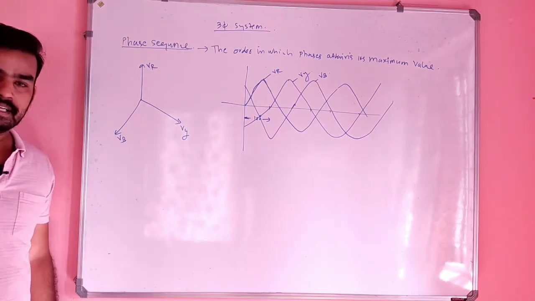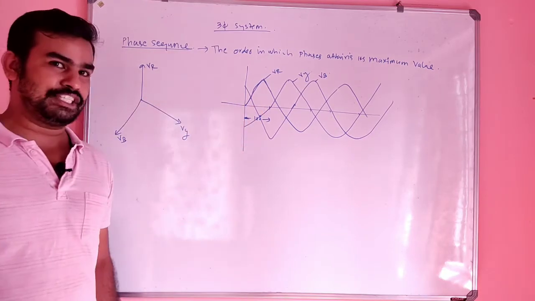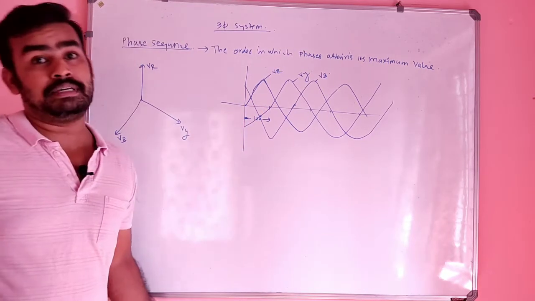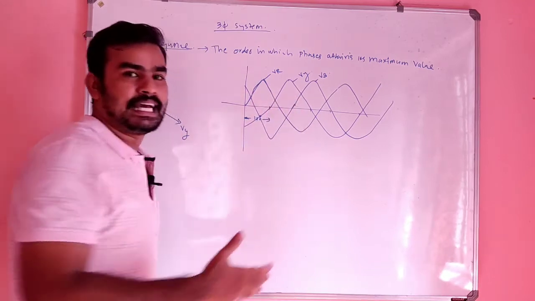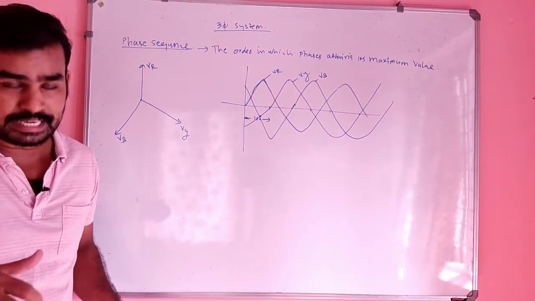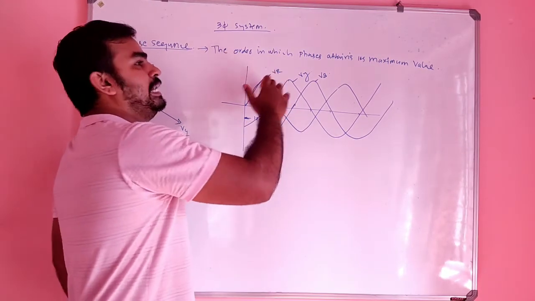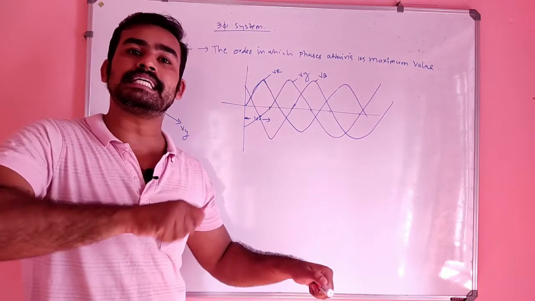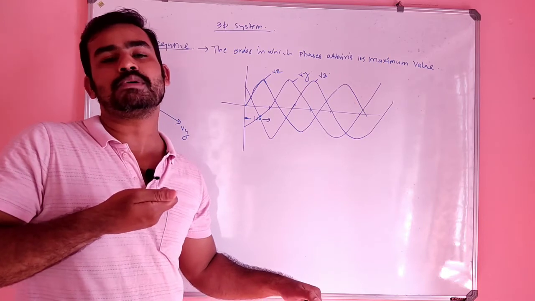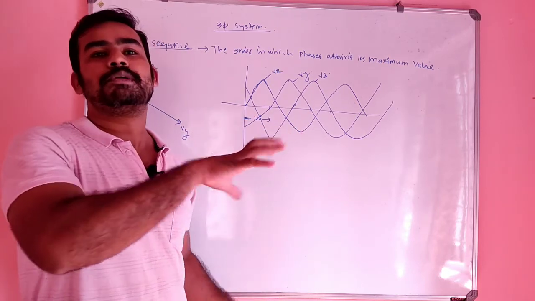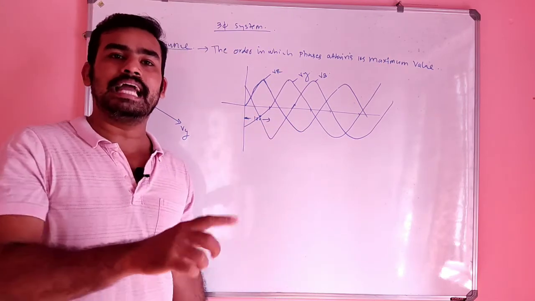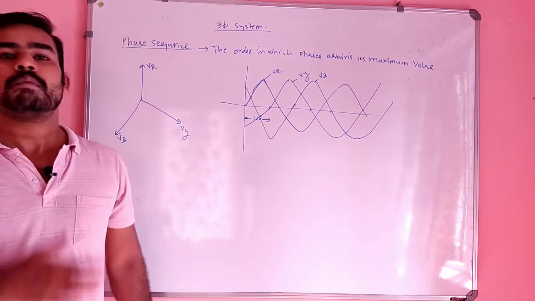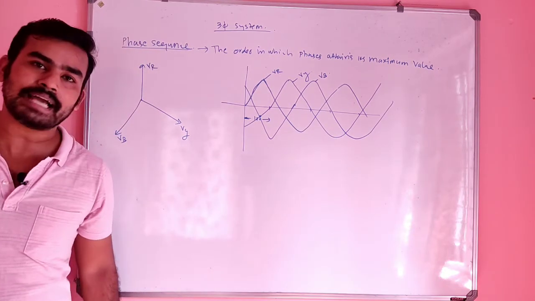The order in which, whether R phase is attaining maximum, or sometimes, no, these generators are our design. So sometimes instead of R phase, Y phase may attain its maximum. We are designing in such a manner. We can design that also. We are producing a Y phase first, and that Y phase will cut the magnetic field first, and it will produce the maximum value.